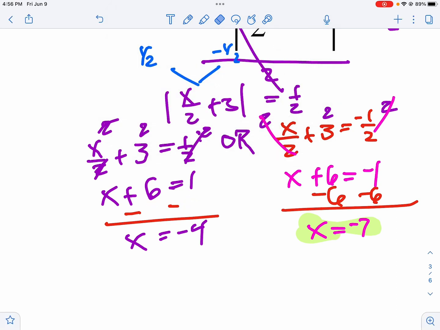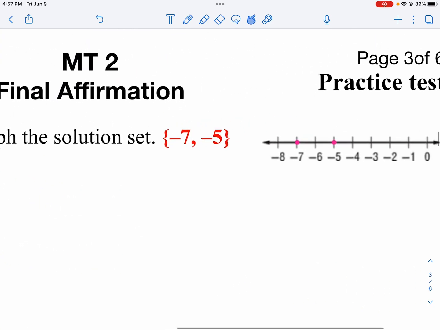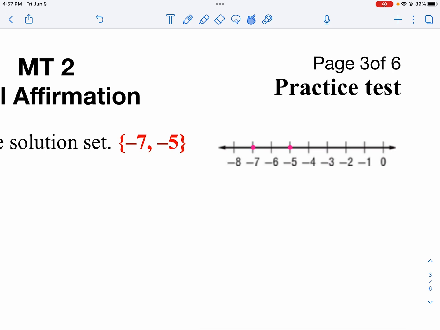Sorry about that. So then 1 minus 6 is indeed negative 5. So we get negative 7 and negative 5. And then make a number line and put a point on negative 7 and negative 5. And there's your answer.